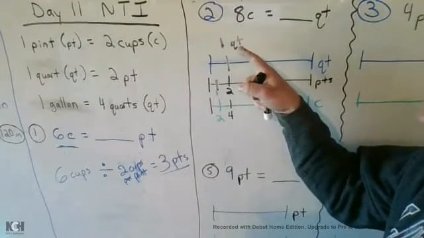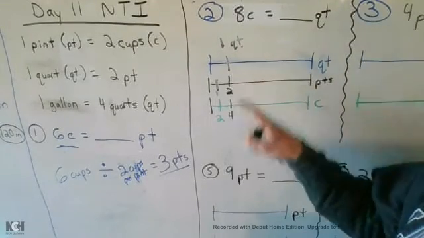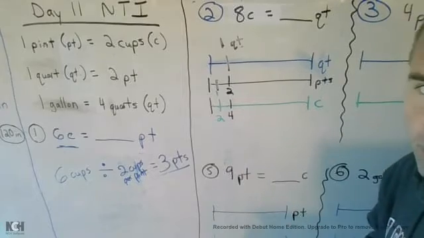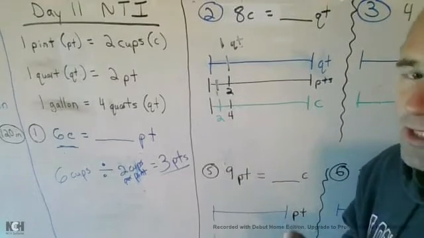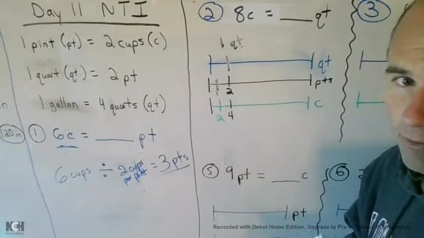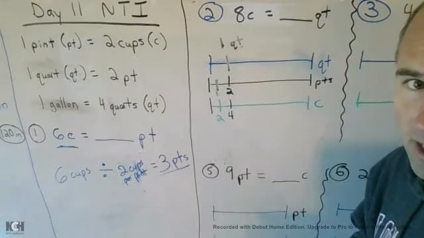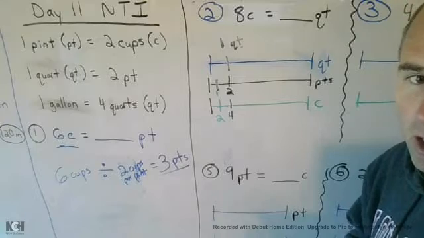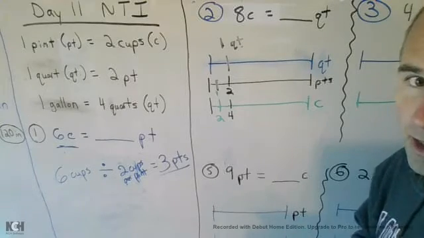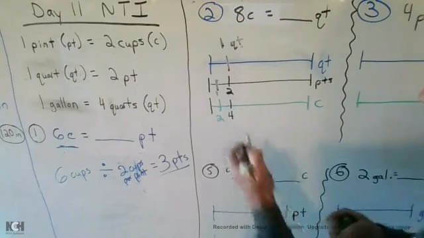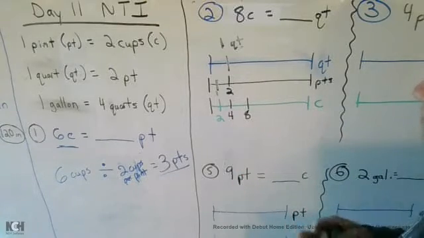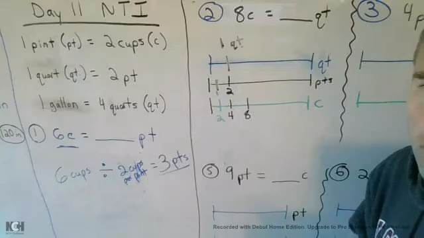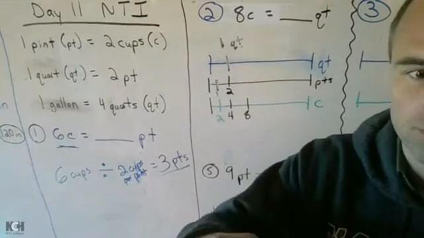So 1 quart makes 4 cups. So it looks like I'm going to have to skip count by 4s until I get to 8 cups. So how many quarts is that going to be? Go ahead and figure that out.